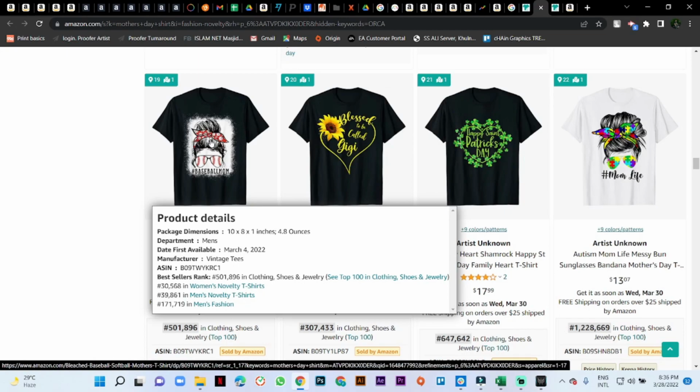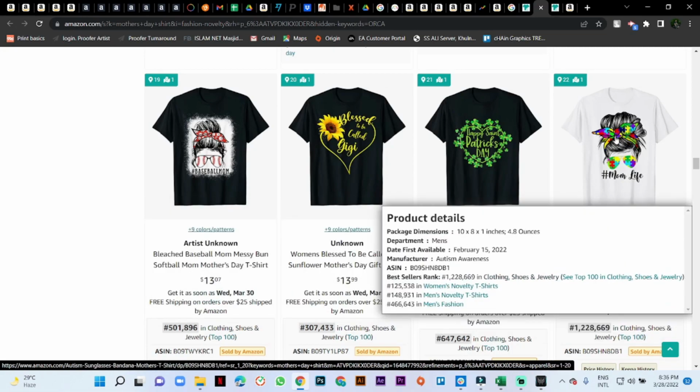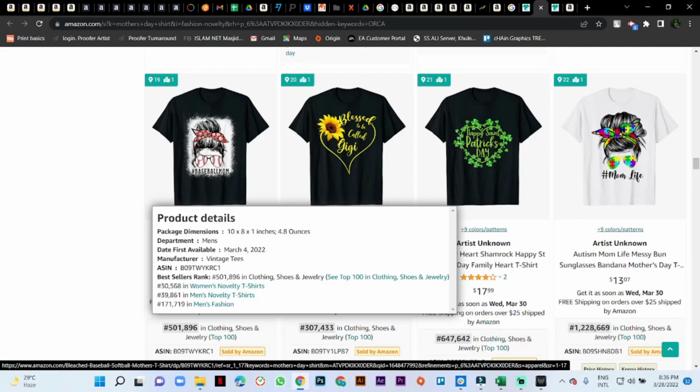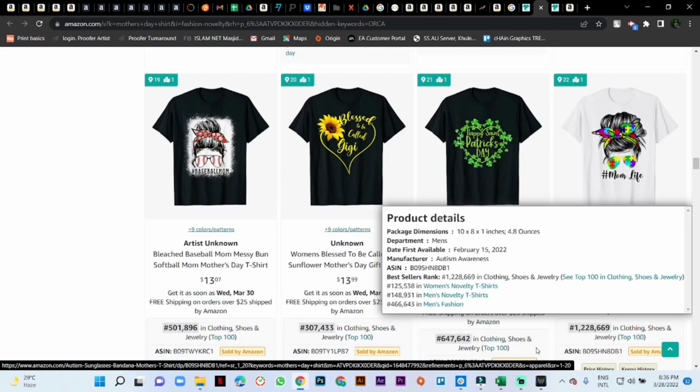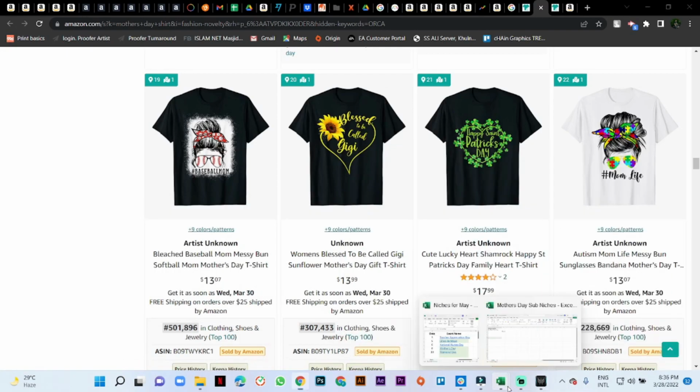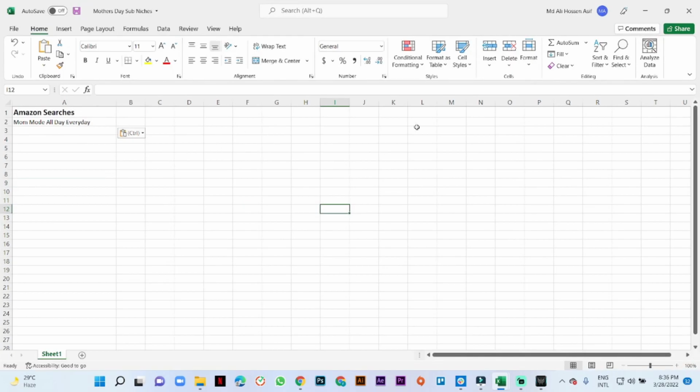So the messy bun and the leopard, these things are always favored by women consumers. So there's nothing to lose if you cross this design with any niche. We can always keep the messy bun and leopard in our bucket and cross them with our suitable niche, so we can cross them with our design whenever it's possible.